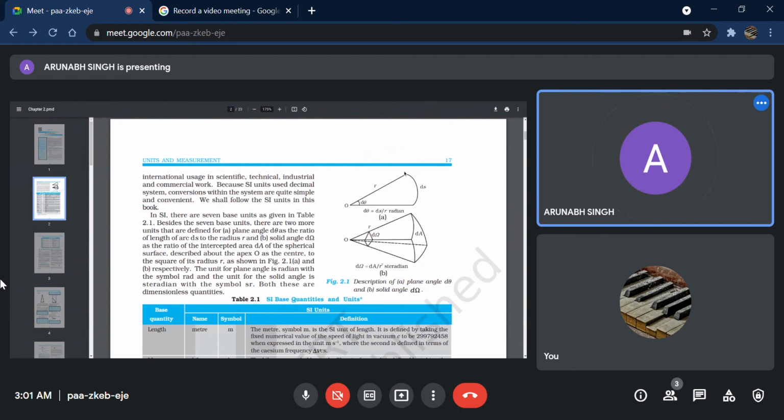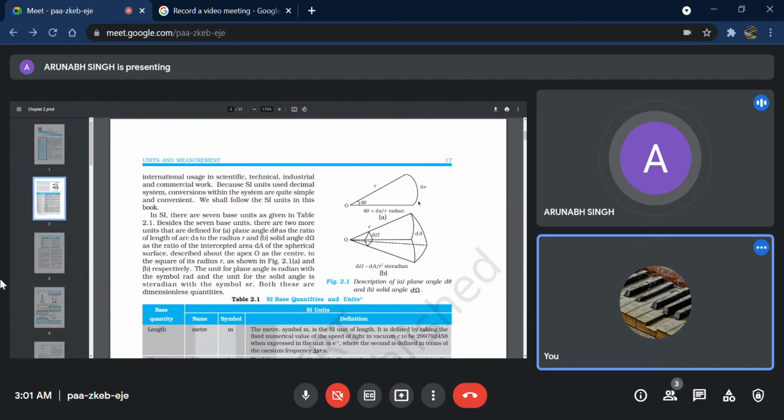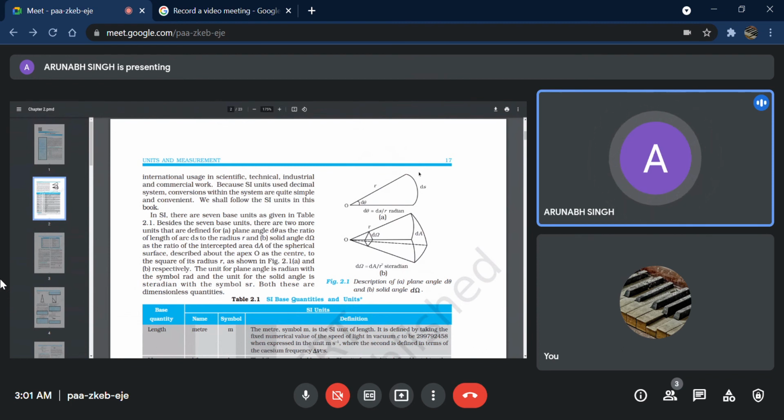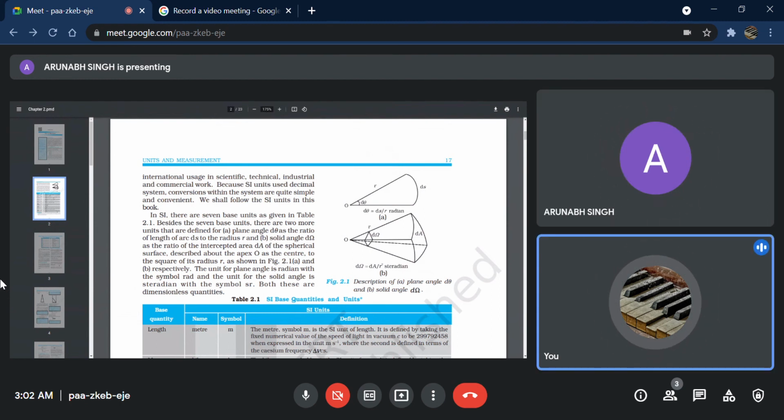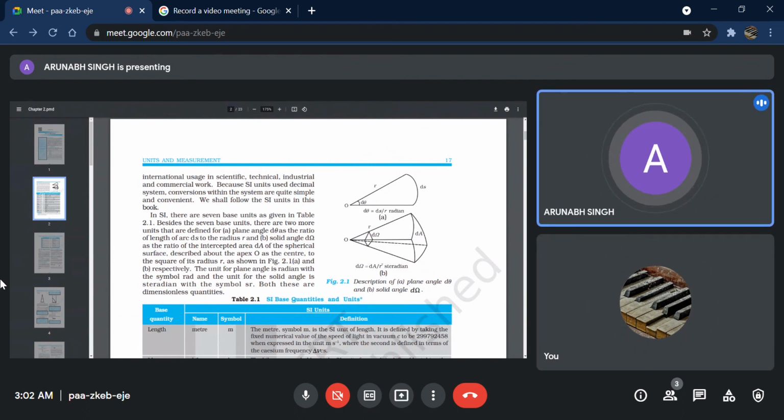Hypothetically assume this length is two, which it clearly is not. So why isn't d theta equal to 2 radians, and why is it d theta equals 2 by r radians? Because it depends on the radius. If the radius is smaller, exactly. We are scaling it, right?